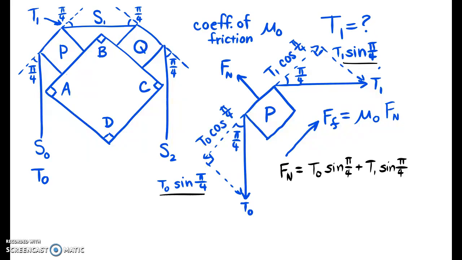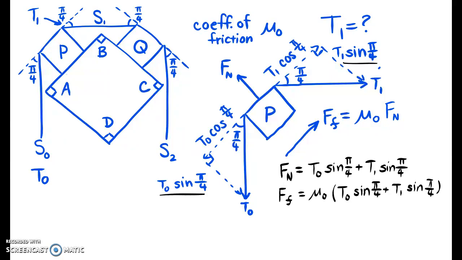When we add those together, we get a normal force. So we can conclude that the friction force must be equal to mu 0 times the normal force, which we know to be T0 sine of pi over 4 plus T1 sine of pi over 4.